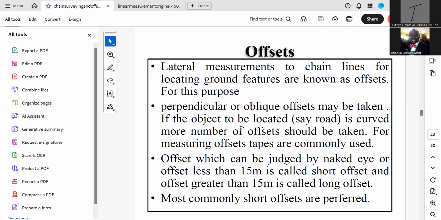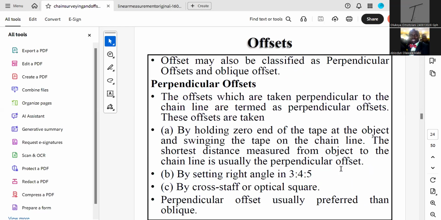If the object to be located, say a road, is curved, more offsets should be taken. For measurement of offset, we use tape. An offset which can be judged by naked eye, or less than 50 meters, is called a short offset. An offset greater than 50 meters is called a long offset. Most commonly, short offsets are preferred. Take note of that.